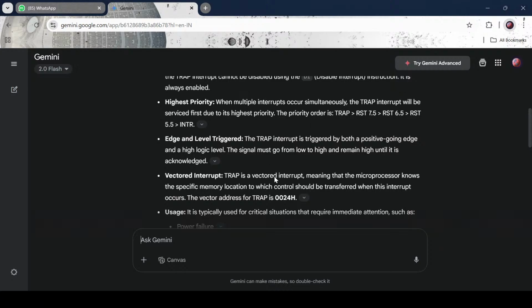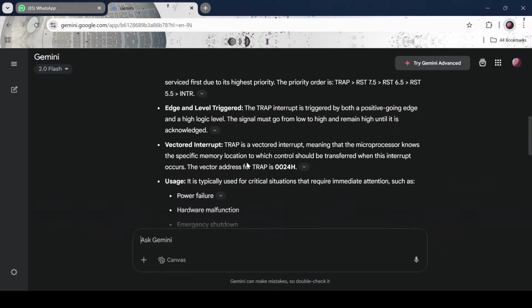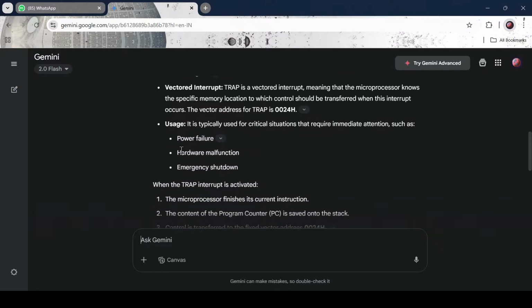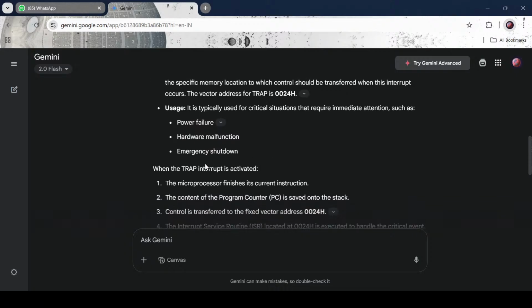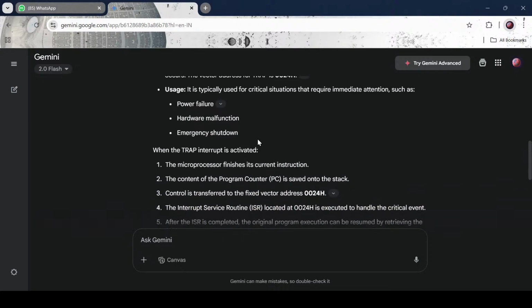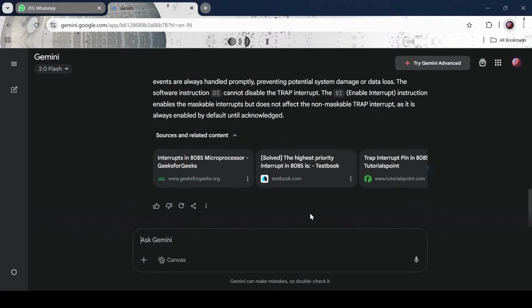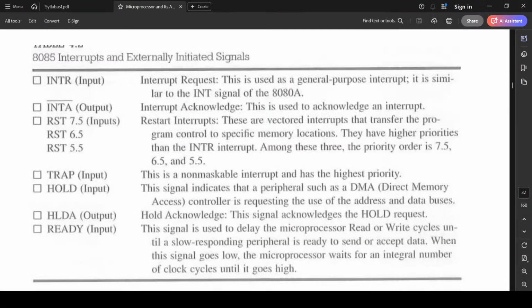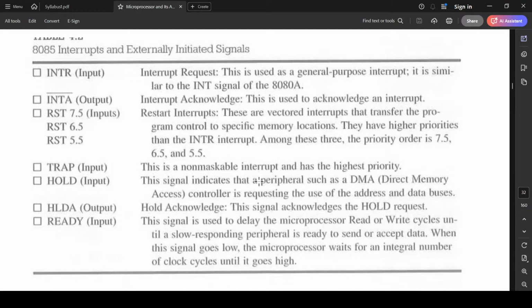That is triggered by the edge and level, not the trail. We will understand the edge, trail, level, everything. Power failure, hardware malfunction, emergency shutdown are all the situations. Everything else is not necessary. So this was it. We were on the TRAP: non-maskable and highest priority.